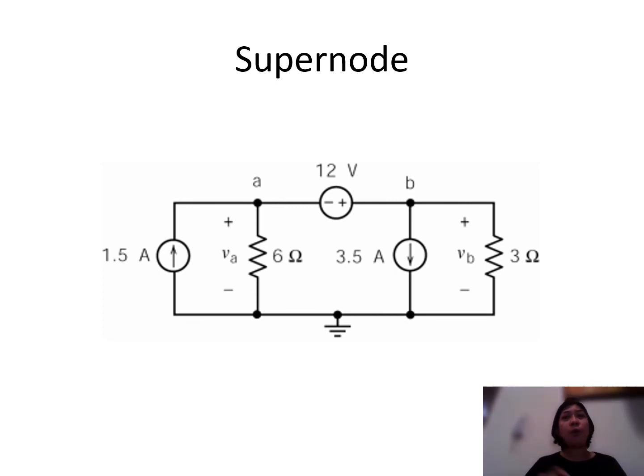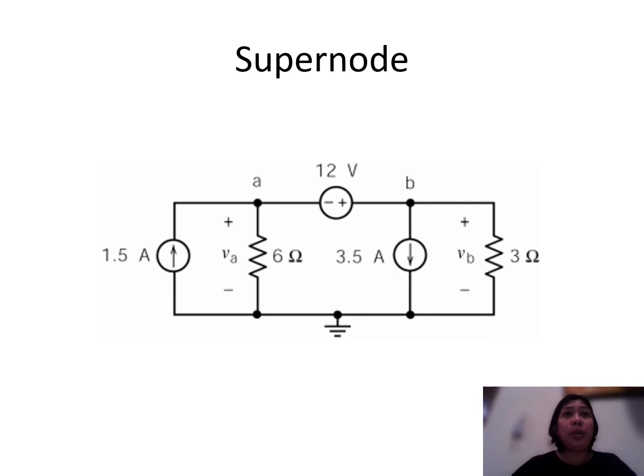How are we going to treat that? I will be showing you 2 different approaches: one without using the super node, and another using the super node, and let us see if the super node approach is a lot easier. First is without using a super node.